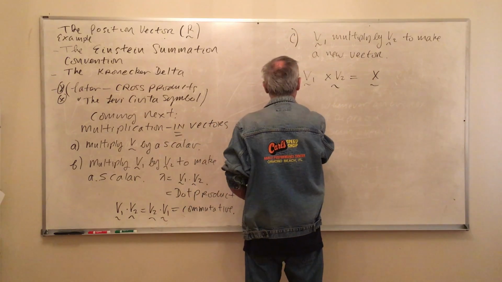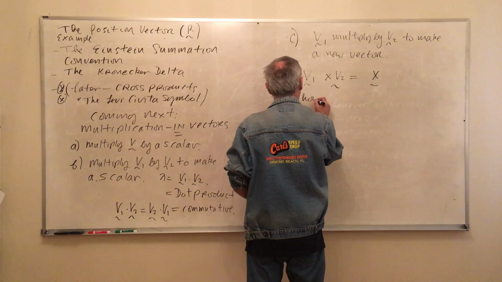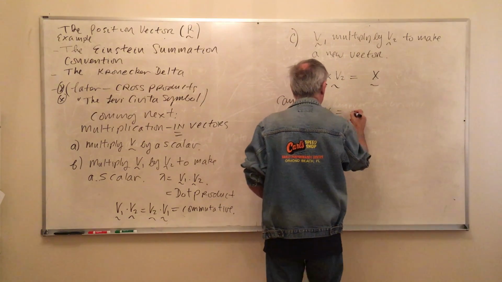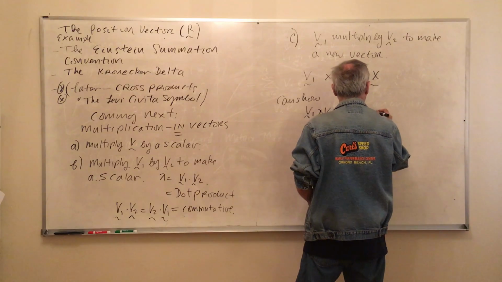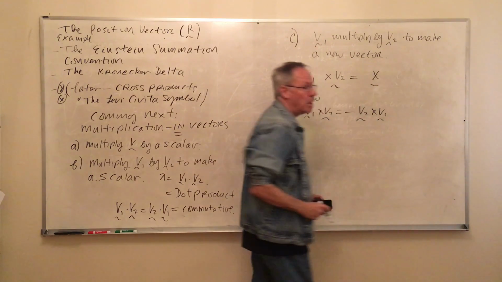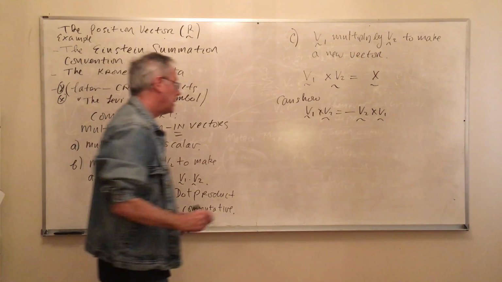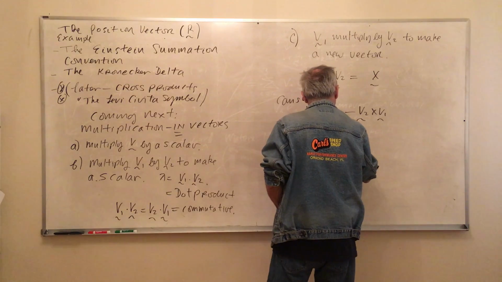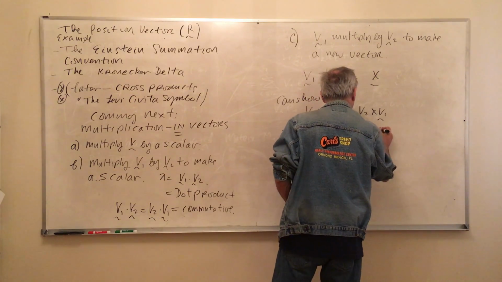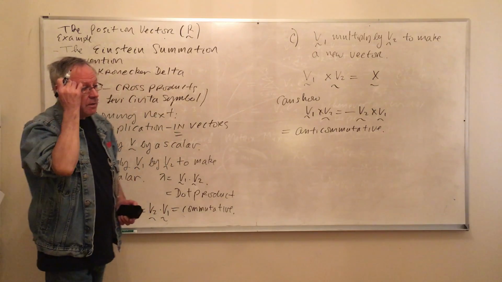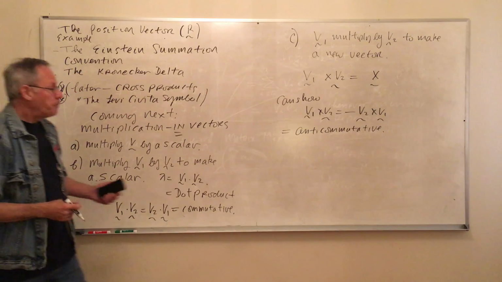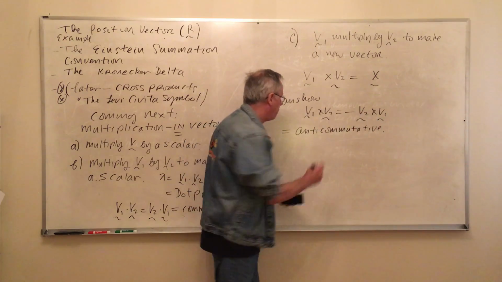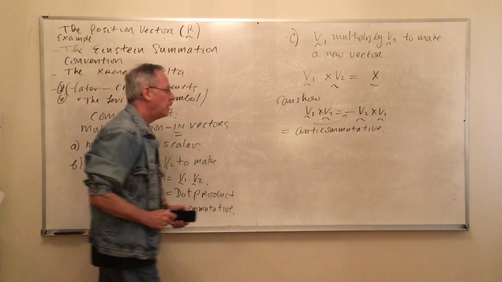We can show that it's not commutative, it's anti-commutative. Anti-commutative means that instead of getting a number, getting v1 times v2 is negative v2 times v1. That means anti-commutative. You get a negative sign there.